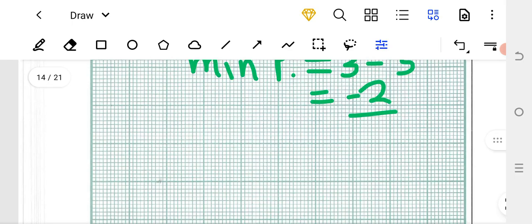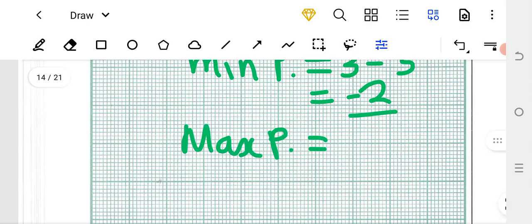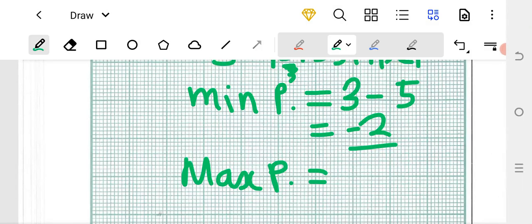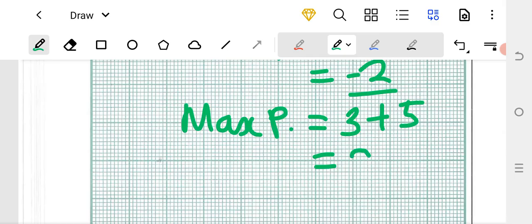And then you have the maximum point. The maximum point is going to be equal to the same 3. Since it was positive in this case, we get 3 plus 5. You have seen what I was saying? I don't take the sign that 5 has, because you might confuse yourself. Now I'm going to say plus 5, which is equal to 8. So the maximum point is 8, the minimum point is -2 for the transformed function.